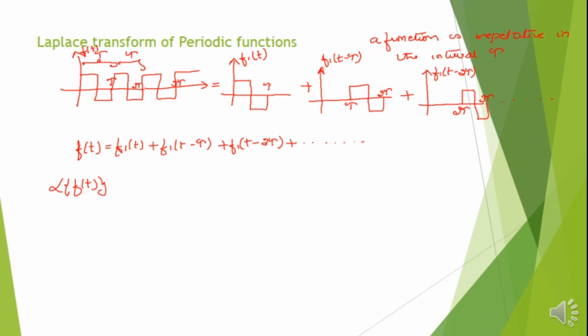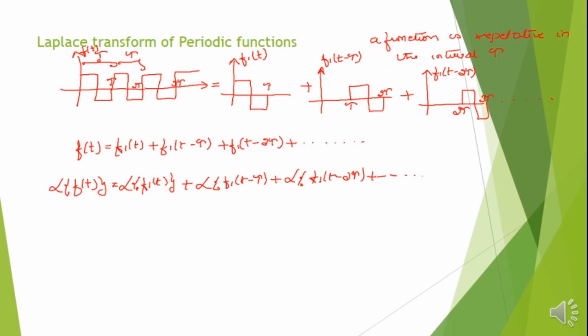By the property of superposition, this is the Laplace transform of f1 of t plus the Laplace transform of f1 of t minus tau plus the Laplace transform of f1 of t minus 2 tau, and so on.